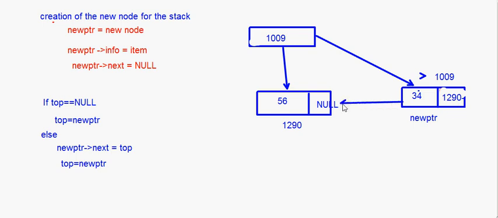So basically this is pointing to this node. The link which was there earlier is now broken. This way we have inserted a new element. So this is basically the algorithm for insertion of an element in a linked stack.